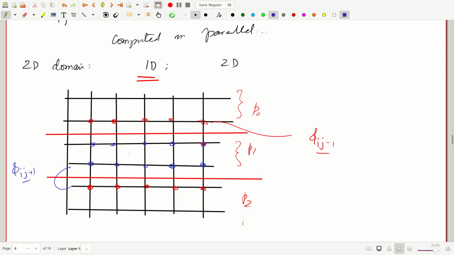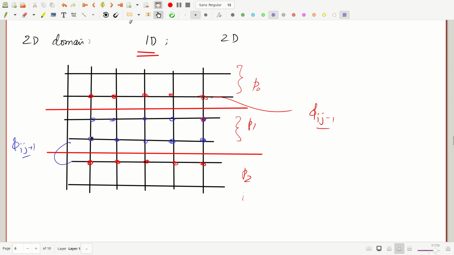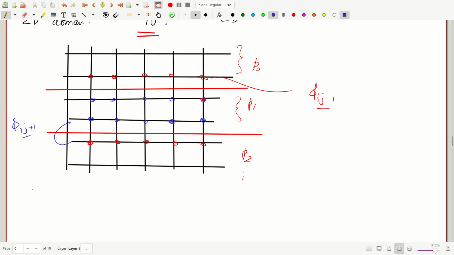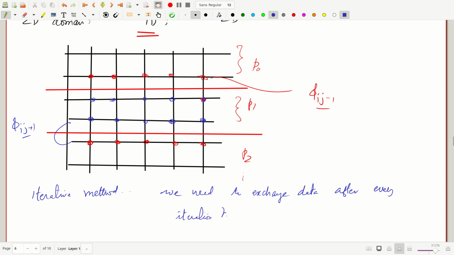Initially when we begin, we can probably fill up these values with whatever we have. However, because we are using an iterative method, we need to exchange data after every iteration between the processes.